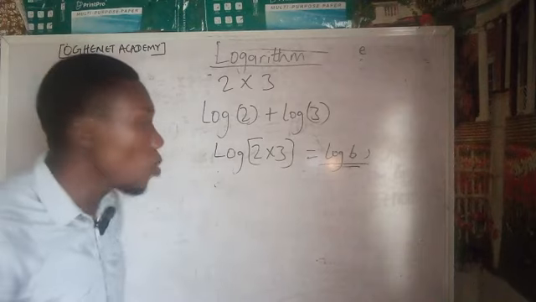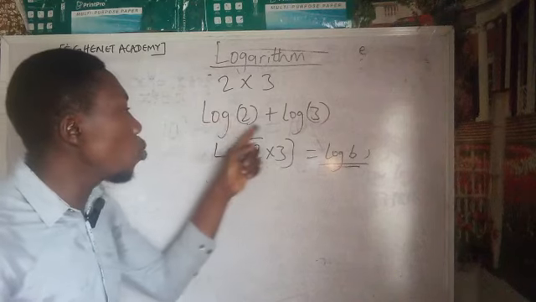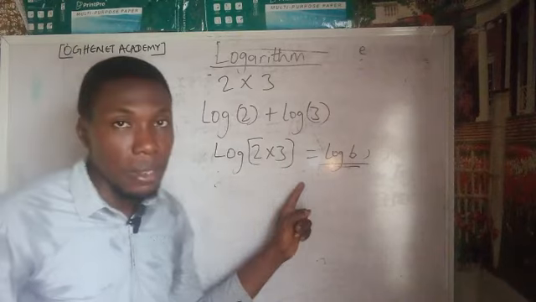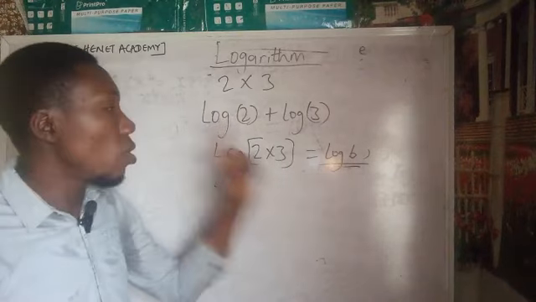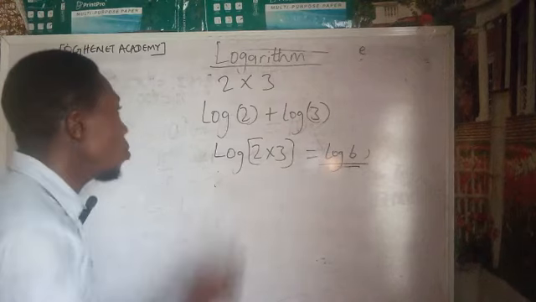That's exactly what it is saying. The logarithm, that is log 2 plus log 3, will give you log 2 times 3. Okay, that is exactly what? Log 6.